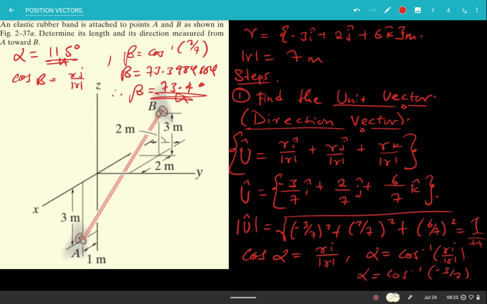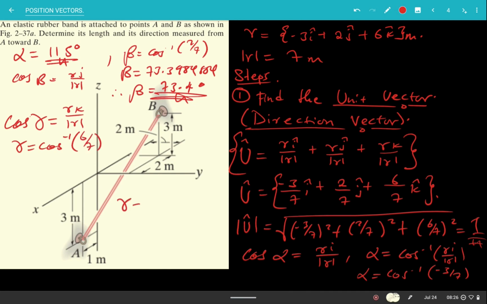Then we also have to find the directional angle for gamma. You know cos gamma is equal to the position of R in the K over the absolute form of R. So gamma is equal to cos inverse of K over the length, which is 6 over 7.